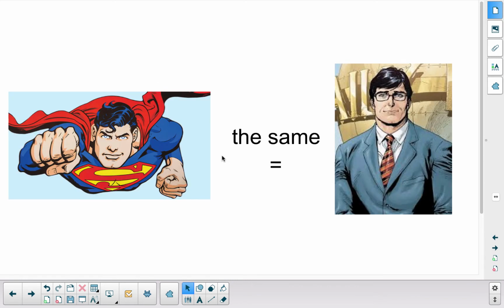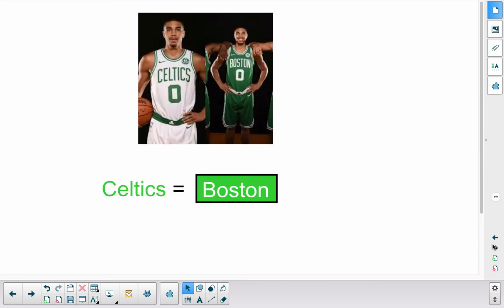When we say that Superman is the same as Clark Kent, aren't we saying that Superman equals Clark Kent? Or how about if we had a jersey to buy and the jersey said Celtics number 0 on the front? Don't we think it's the same thing as if it said Boston number 0 on the front? I mean, it's the same guy, Jayson Tatum, either way. It's the same jersey pretty much, right?